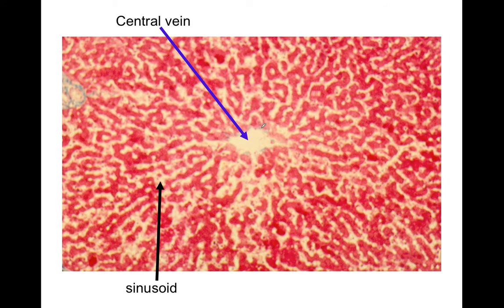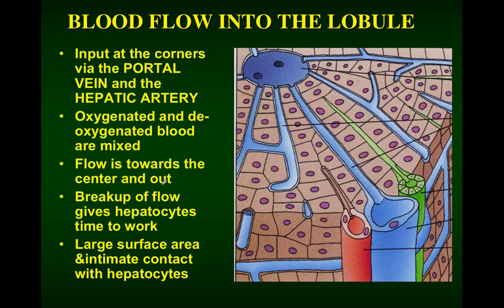Here the image is magnified. This is the area in the center where we have the central vein. We have the plate of the hepatocytes, and between these hepatocytes we have the sinusoid. See this area here where we have the disruption of the plate. So there's mixing between the blood found at the sinusoid in this area and the sinusoid in this area here.